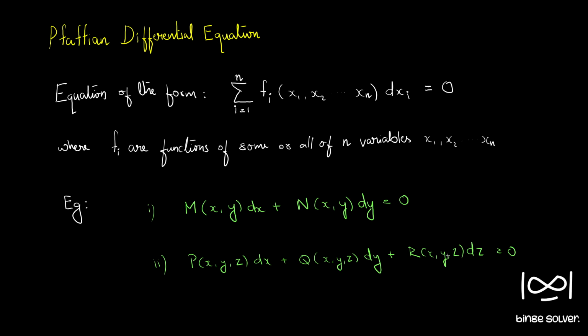So P dx plus Q dy plus R dz equal to 0. So this is the Pfaffian differential equation, and as I said before, we will be dealing mostly with the n equal to 2 form, so M dx plus N dy equal to 0.